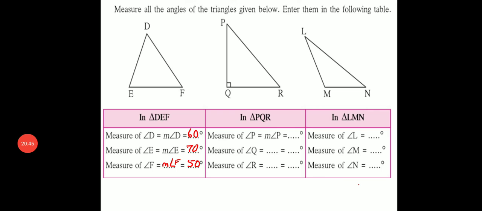So students, based upon the explanation, the position of the protractor and the measurement of the angles that I have shown you with the help of the slides, we have completed the first column of the table. I have shown it again on the screen in red color: the measurement of angle D is 60 degree, the measurement of angle E is 70 degree, and the measurement of angle F is 50 degree.